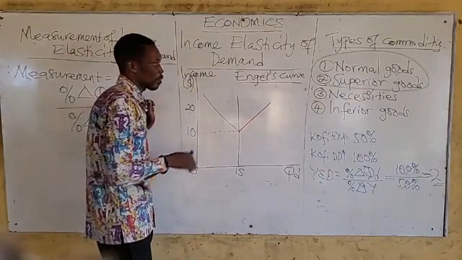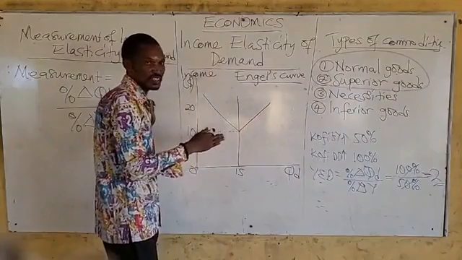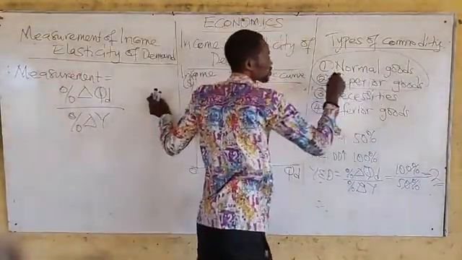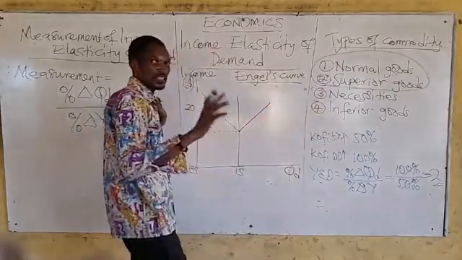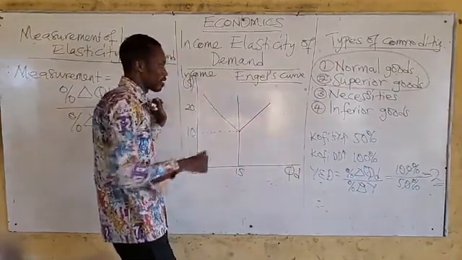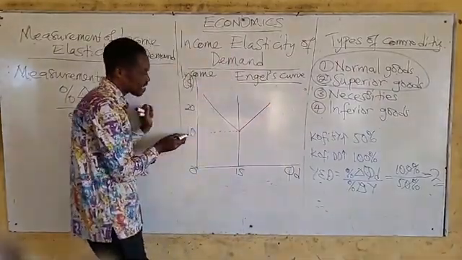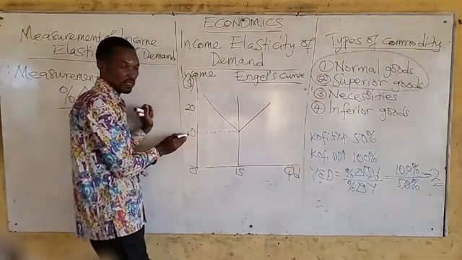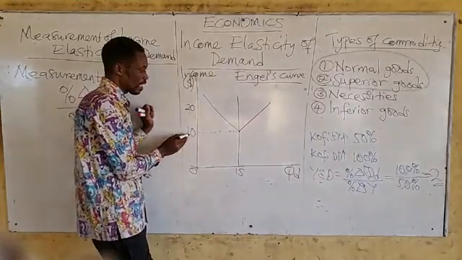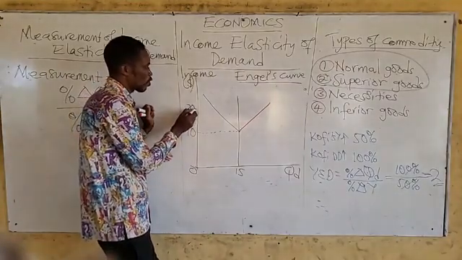Now I'm going to use this one to explain to you all these types of commodities. I'm going to take care of three first, because you see that I've circled this one. They are almost the same, but you can only differentiate them with something that we have done already. So this is the initial income of the person. If it's Kofi, Kofi is earning $10, and then Kofi's income is now $20.